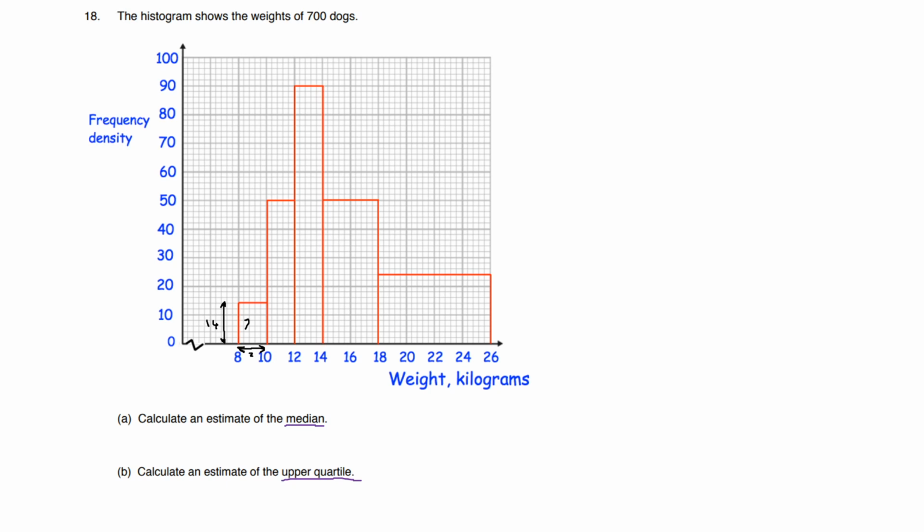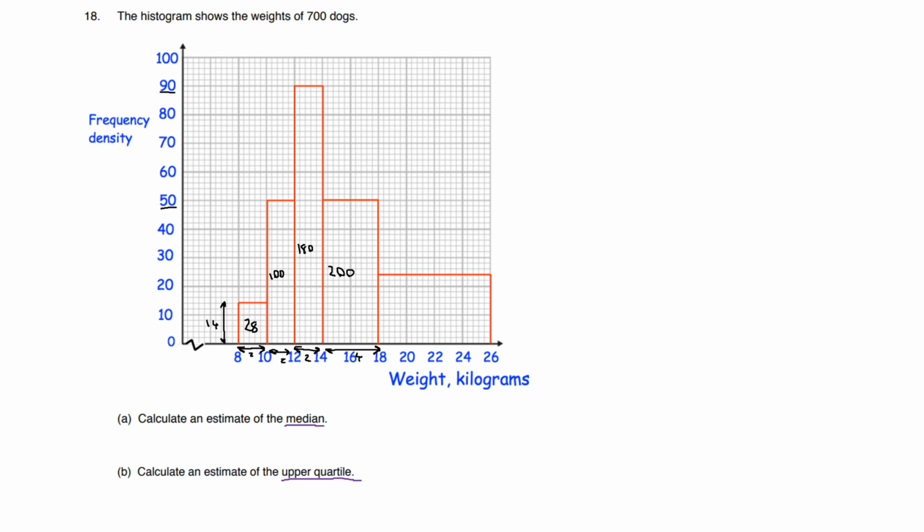14 times 2 is 28. For this one, we have 50, and we have 2. 50 times 2 is 100. For this next one, we have 90, and this is 2. 90 times 2, 180. 50 times 4 is going to be 200.